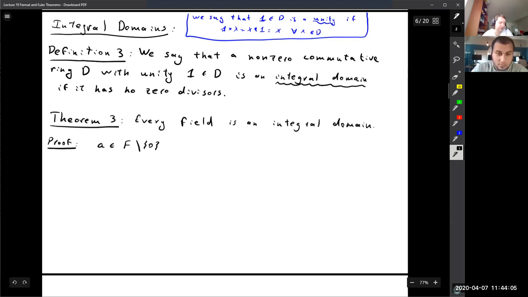Then there exists a multiplicative inverse A inverse.